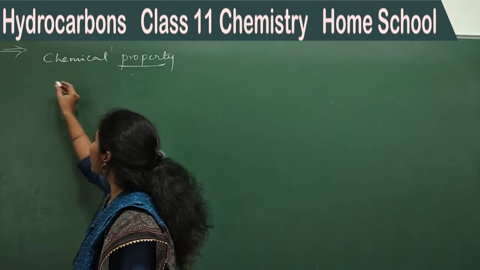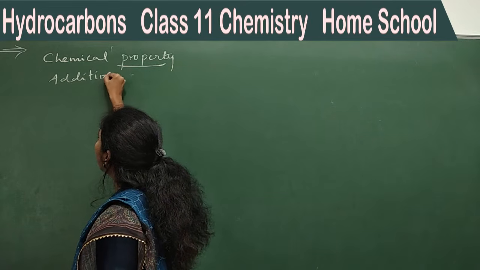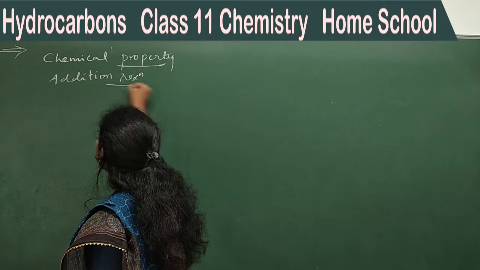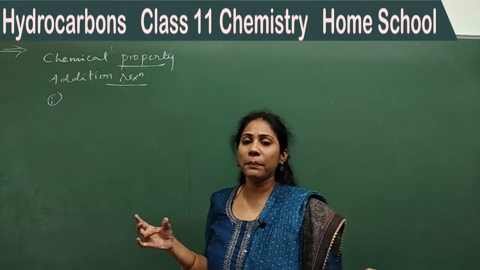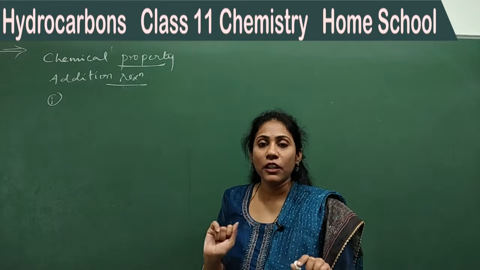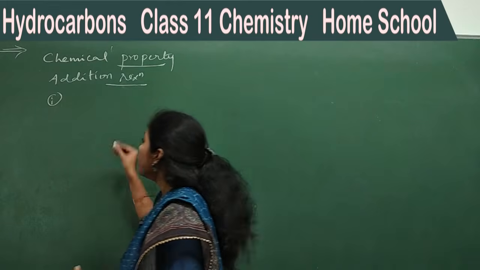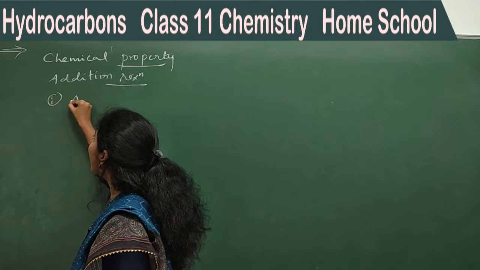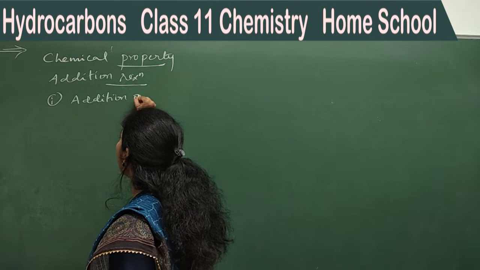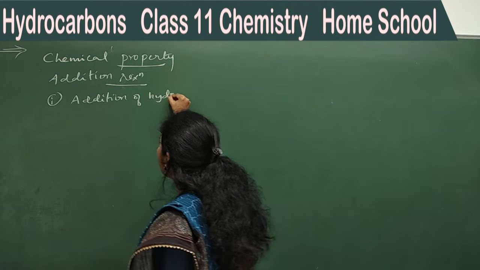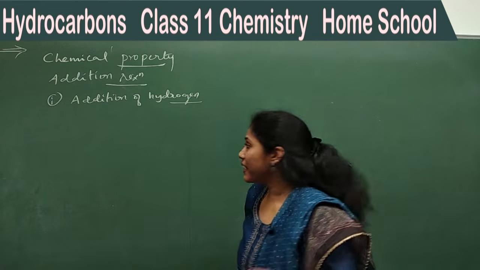Coming to addition reactions, the first reaction that we talk about is addition of hydrogen. See, if compounds have a double bond or triple bond, addition reactions are very common. Since a triple bond is there, addition reactions are very, very common. First, let us see how to add hydrogen. It is just like the way you added hydrogen to alkenes.